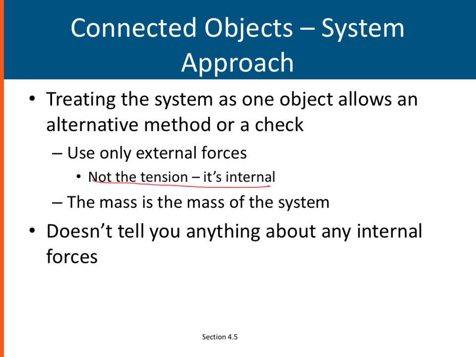We would only look at external forces, and that would be like gravity and friction. So it doesn't tell you much about the system. However, it is a great check to see if it works with the acceleration of the system and the overall mass of the system. And so it can be used at times to do that quick check or to confirm answers.